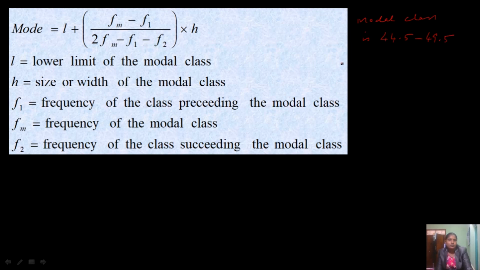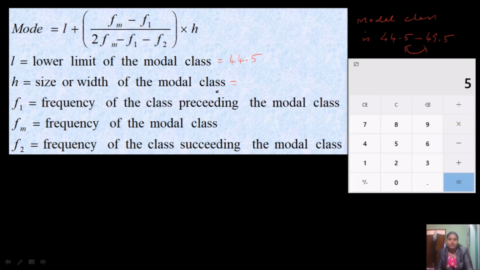L represents the lower limit of the modal class, so 44.5 is the lower limit. H is the size or width of the modal class, which is 49.5 minus 44.5, equal to 5. When you take the difference between the upper and lower limit of the class interval, you get the size. So here the size is 5.